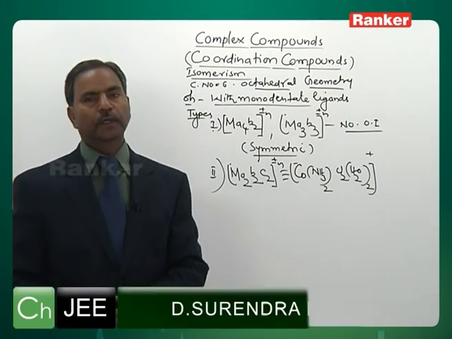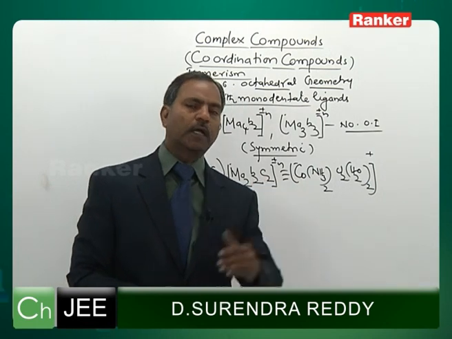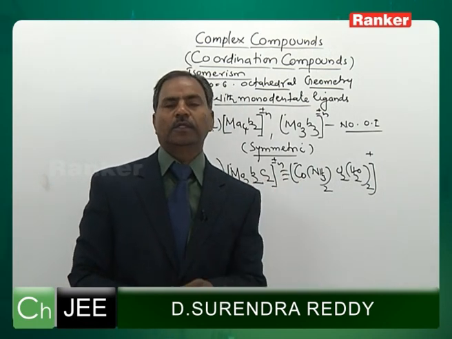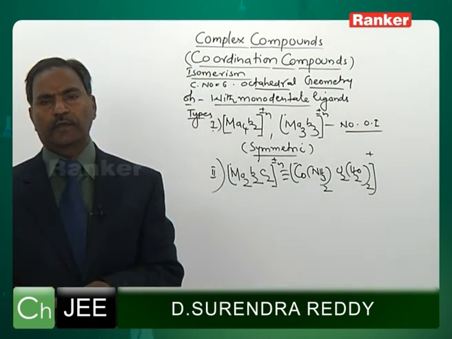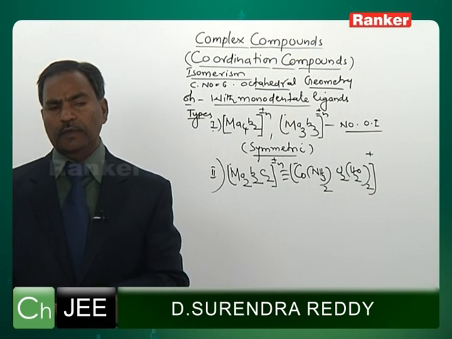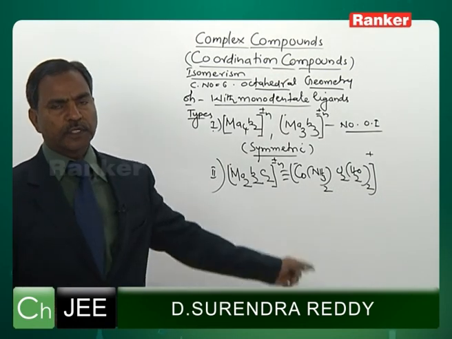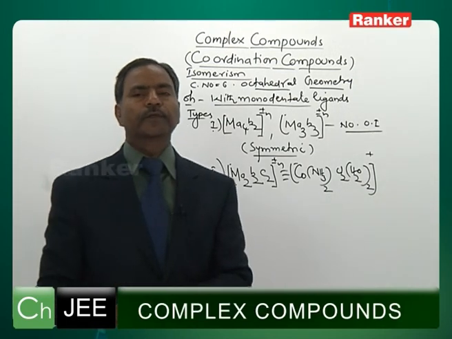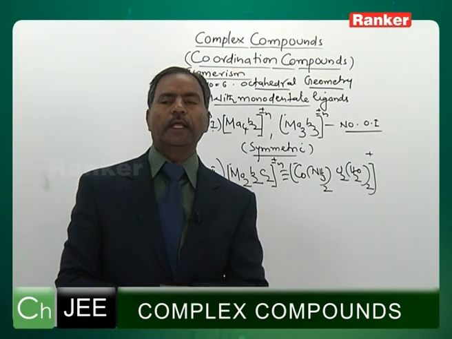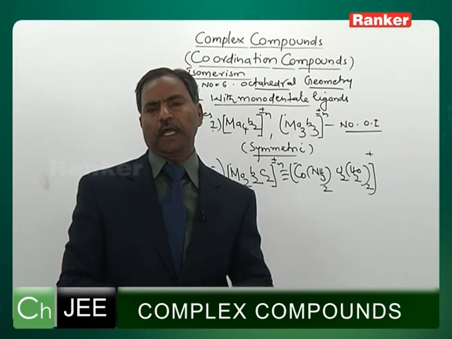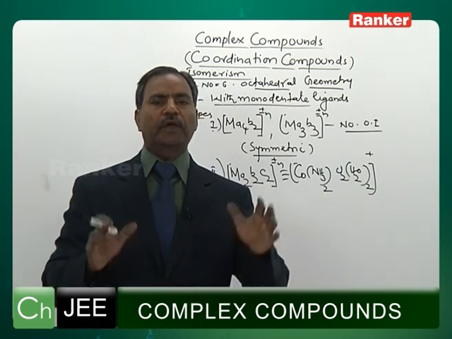Recollect what we have discussed about this complex. For it, 5 geometrical isomers are possible theoretically, but out of these only 3 are isolated. Among these 5 isomers, the cis isomer is unsymmetric.